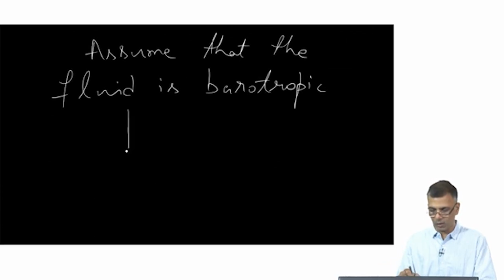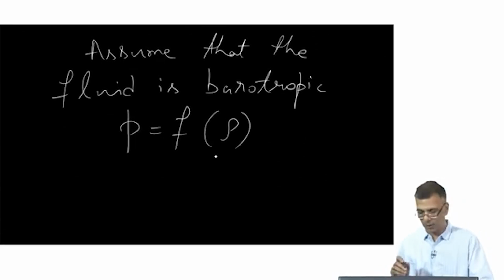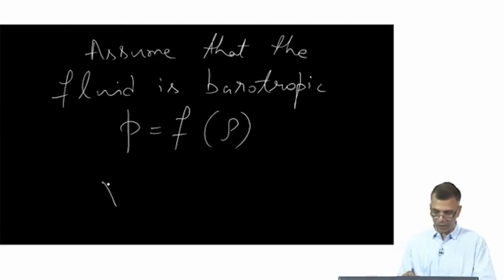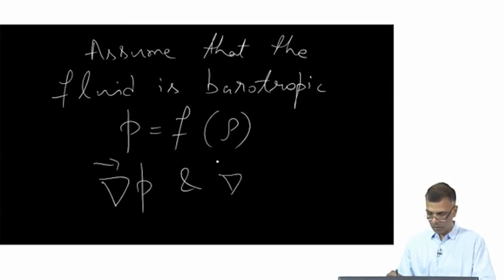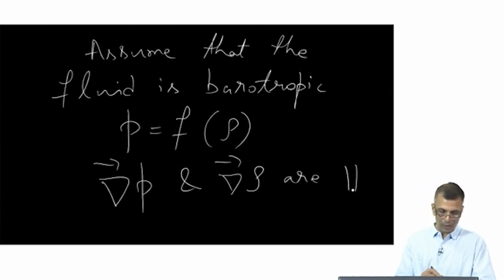In other words, the pressure is a straightforward function of the density. In this case, it turns out that this one and this one are parallel, and that leads to a very important simplification, and that will lead us to a dynamical equation for the vorticity.